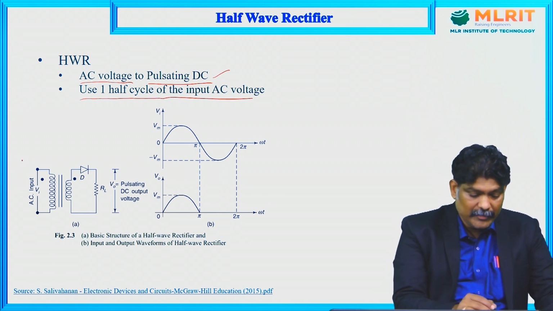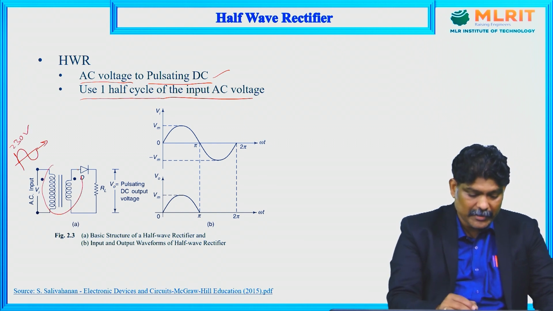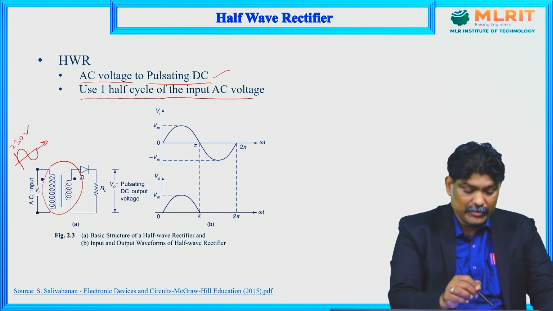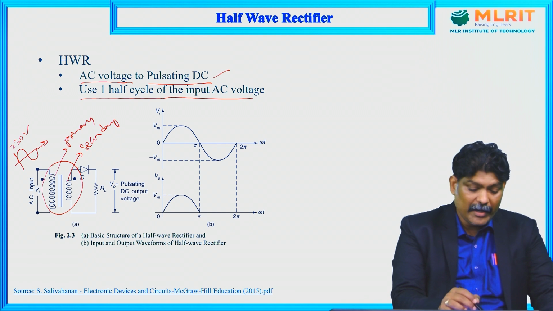So here we are giving this input signal, 230 volts, to a transformer. This is the transformer, and this is the primary coil and this is the secondary coil.